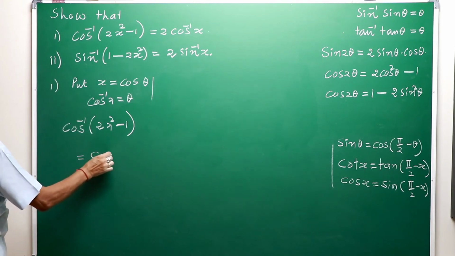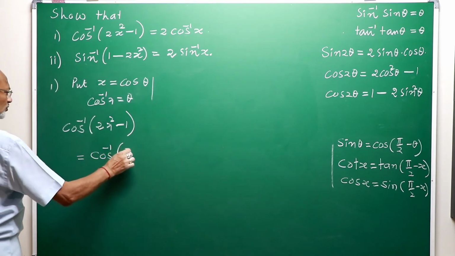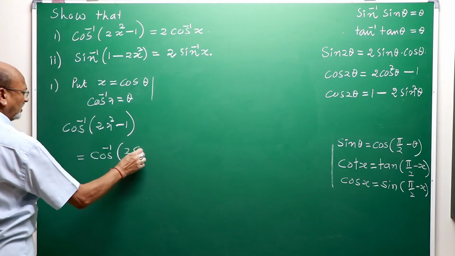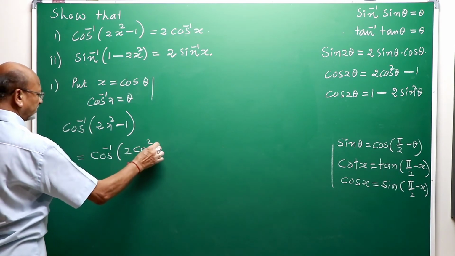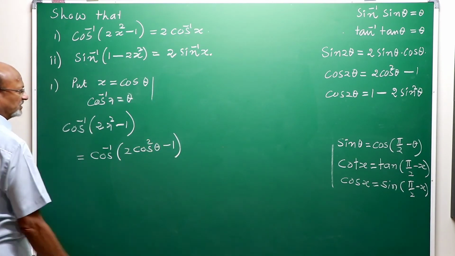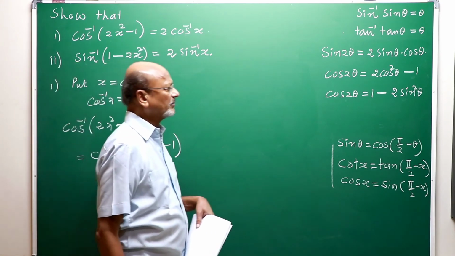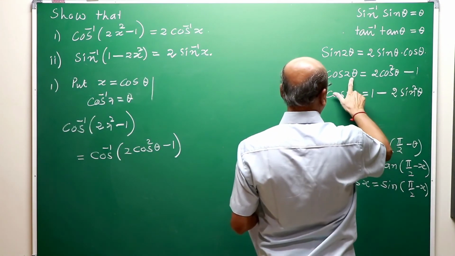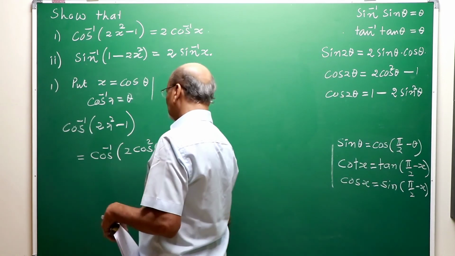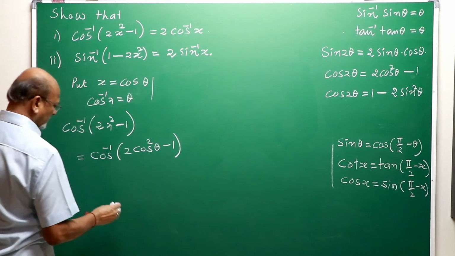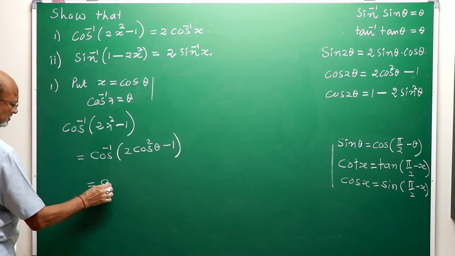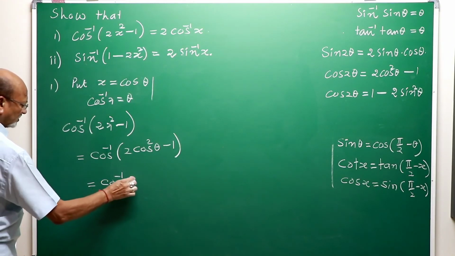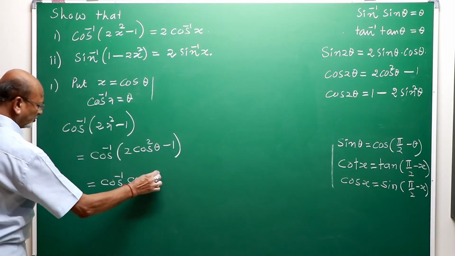Cos inverse 2, what is x? Cos theta. It is 2 cos square theta minus 1. What is 2 cos square theta minus 1? It is cos 2 theta. So it is cos inverse of cos 2 theta.